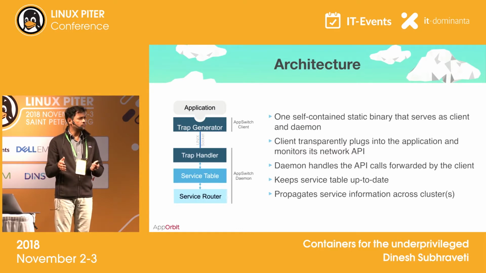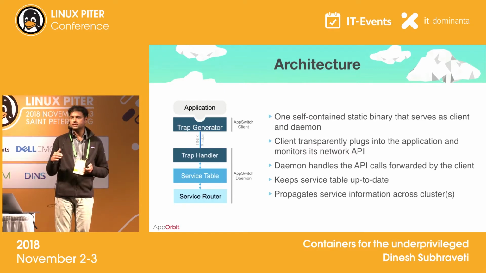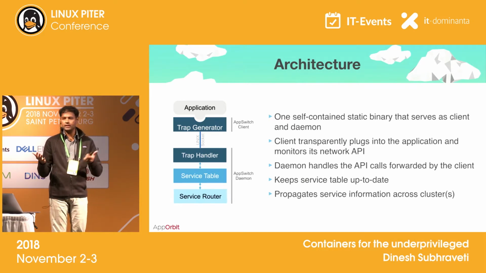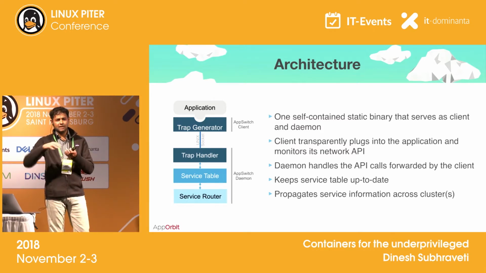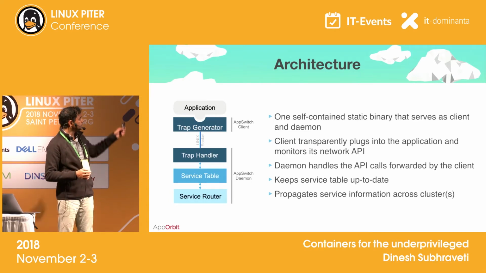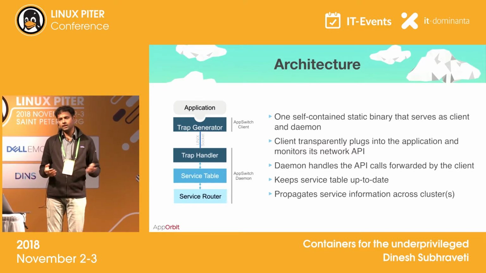It's not LD_PRELOAD, it is a seccomp filter. The traps that are generated are for the network-related system calls that the application makes: socket, listen, connect, bind, setsockopt, getsockopt, ioctl, fcntl. You have to cover all of those API points. Those system calls are forwarded to the trap handler, which is running on the host.